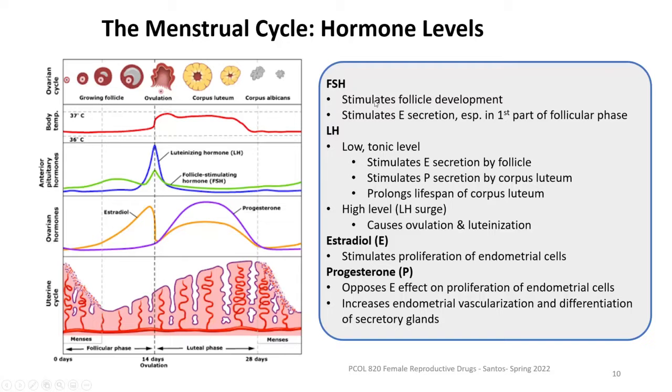So the FSH will be stimulating the follicle development, like the name says, and will stimulate the estradiol secretion as well in that first part of the follicular phase. The LH stimulates the estradiol and also stimulates the progesterone secretion by the corpus luteum, and will be responsible for prolonging the lifespan of the corpus luteum. And it's important to notice that the high level of LH, which we'll call the LH surge, causes the ovulation and the luteinization.